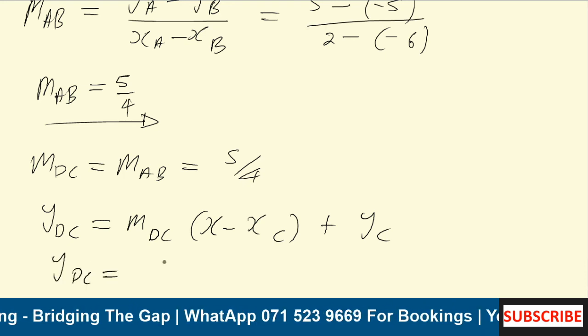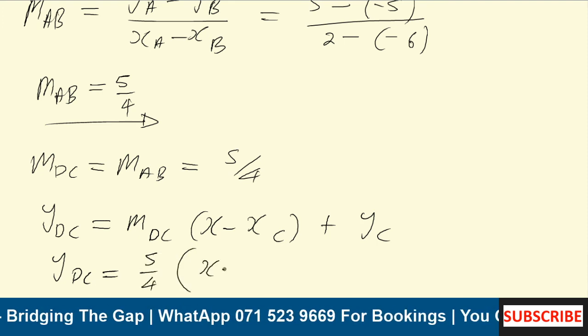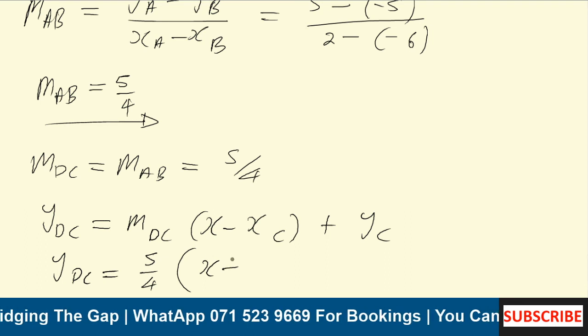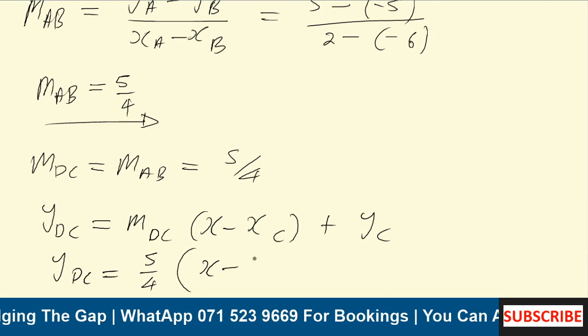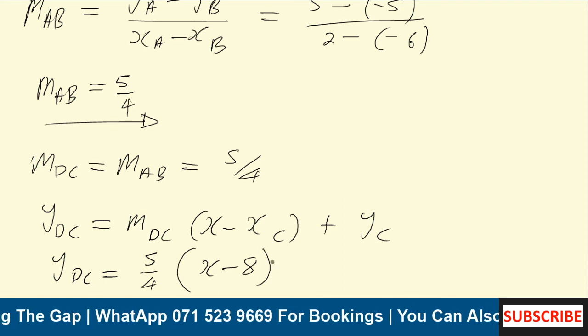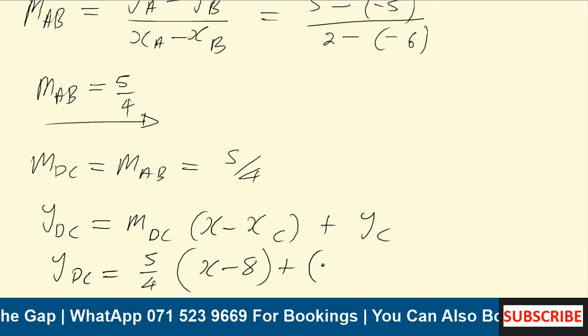So y DC is equal to, the slope is 5 over 4, x minus x at C is 8, and then y at C is minus 4.